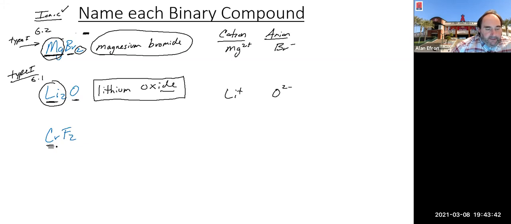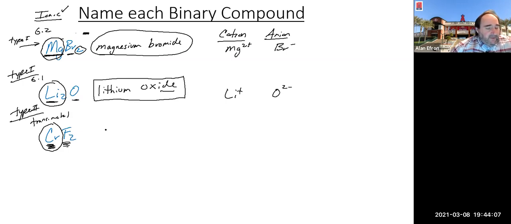Now, same approach here. Cr is a metal, F is a non-metal, and again, going to be ionic. Here, though, the chromium is, again, pretty center on the periodic table, number 24. So that is a transition metal, which tells us it could have multiple types of charge and tells us it is type 2.